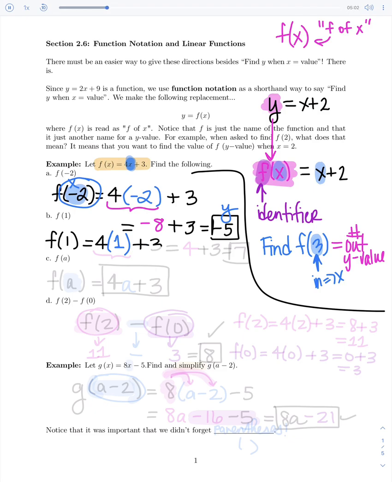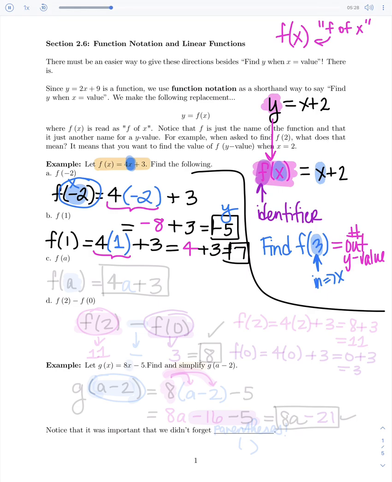Then our plus 3. Order of operations tells us to multiply the 4 times 1 first, which gives us 4. Then we do our plus 3, which gives us 7, and that's our final answer: if we plug in 1 for x, we get out 7 for y.